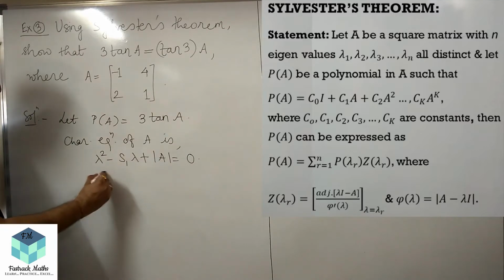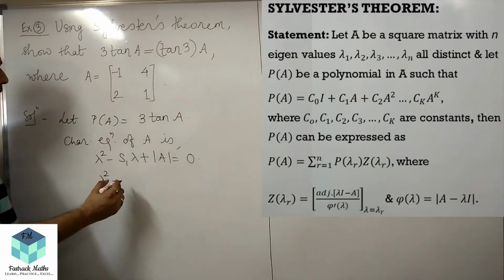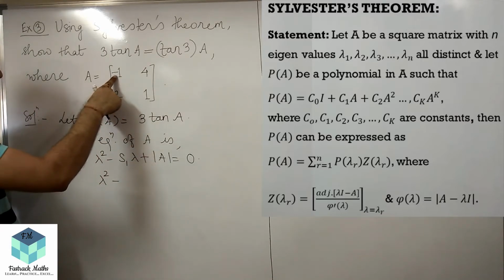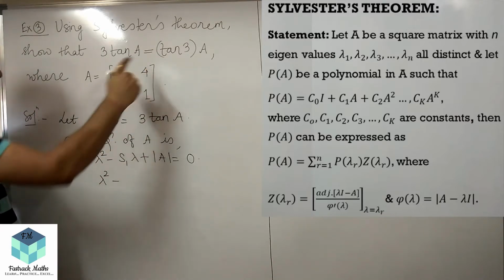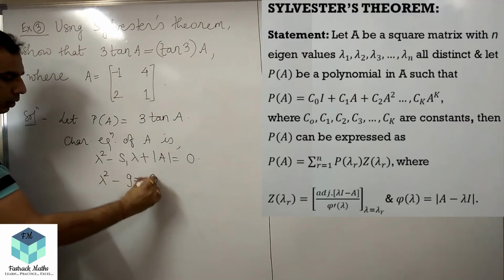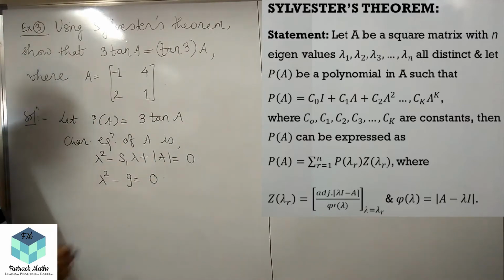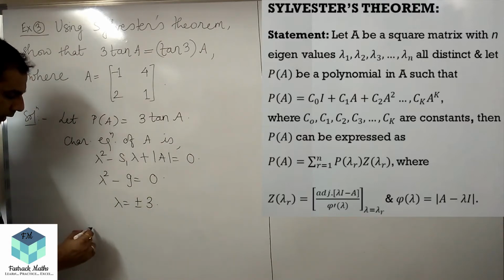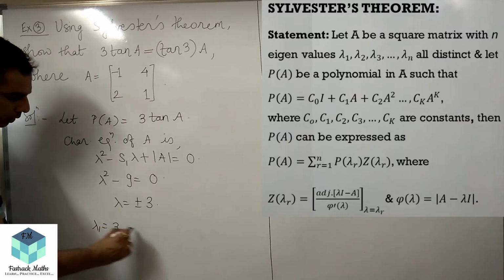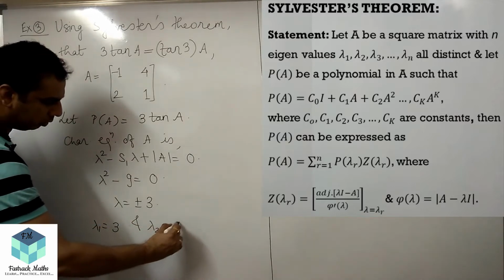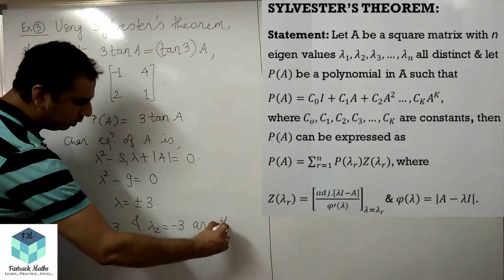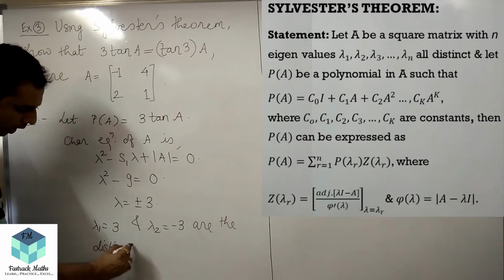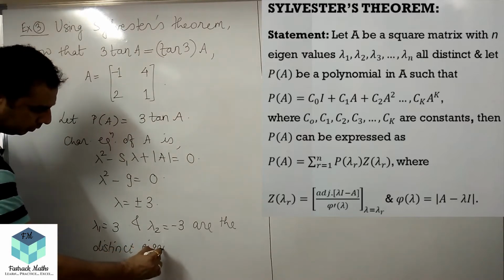Here S1 is the sum of diagonal elements, which is 0, and the determinant of A is -1 minus 8, which is -9. So lambda square minus 9 is equal to 0, and therefore lambda is equal to plus minus 3. So lambda 1 is equal to 3 and lambda 2 is equal to -3 are the two distinct eigenvalues of matrix A.